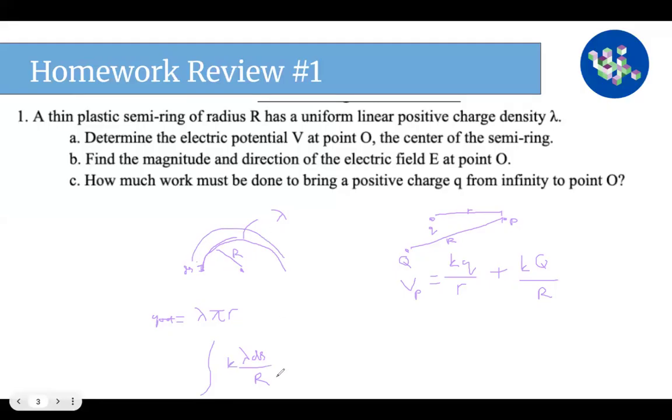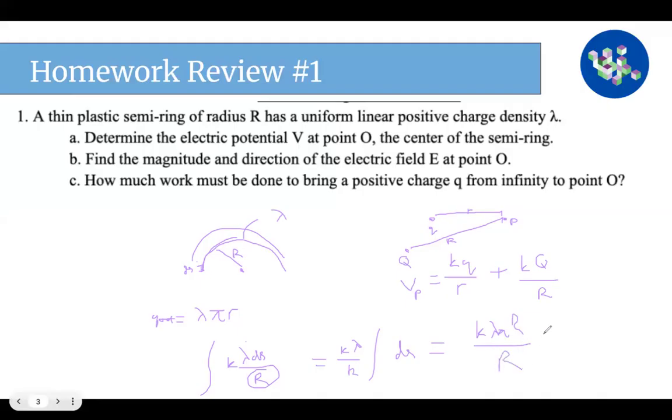Big R, lambda, and k are all constants, so this integral is just k lambda over R times the integral of ds, and that's k lambda times pi big R divided by big R.